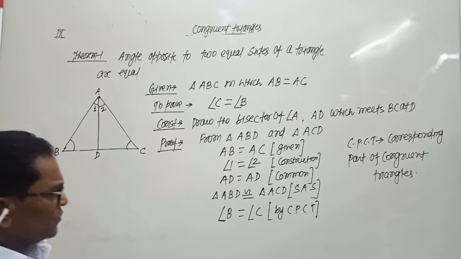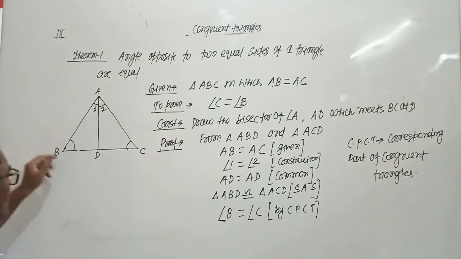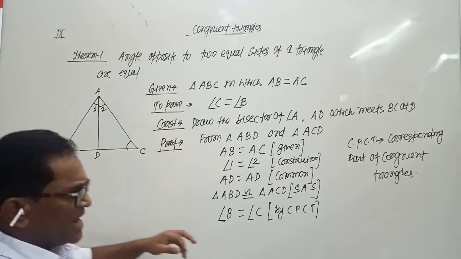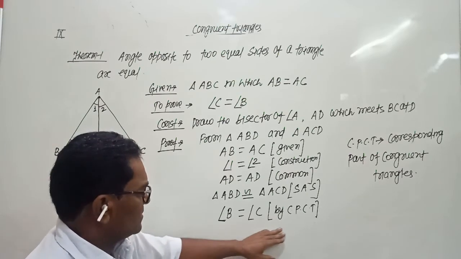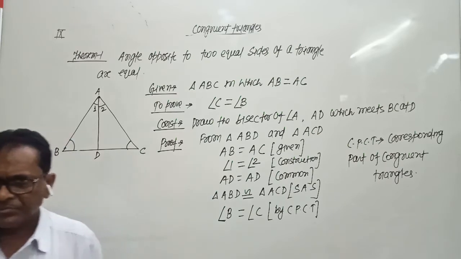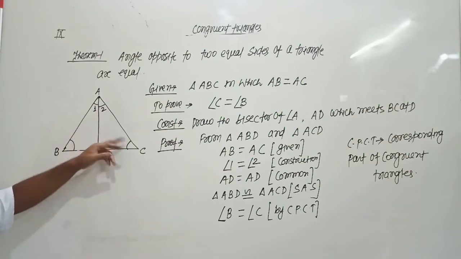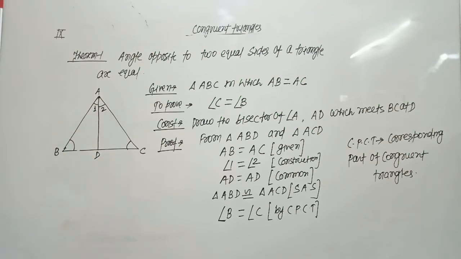So firstly you prove both triangles ABD and ACD congruent by SAS, then by CPCT angle B equals angle C. So it proves that angles opposite to two equal sides of a triangle are equal.